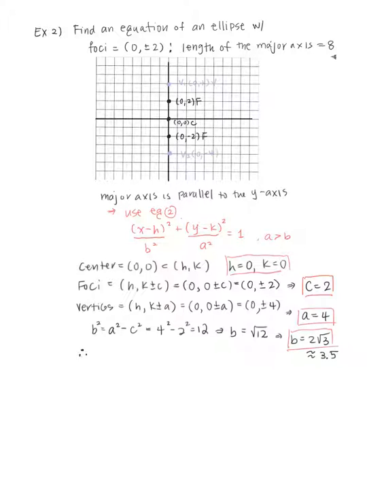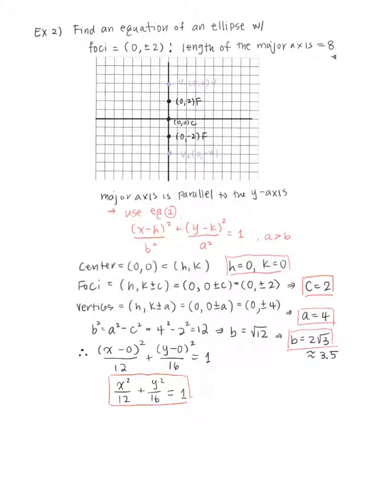So therefore, our equation is going to be (x - 0) squared over 12, plus (y - 0) squared over 16 equals 1. Clean it up. Alright, so this is going to be our equation for the ellipse.